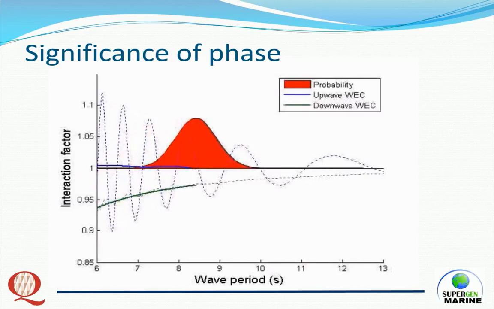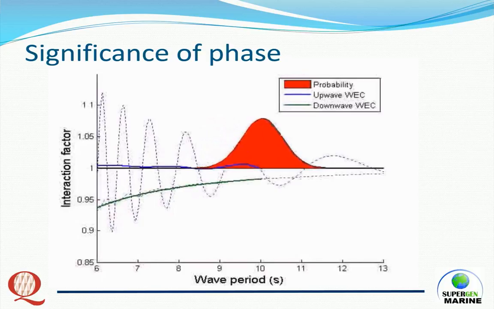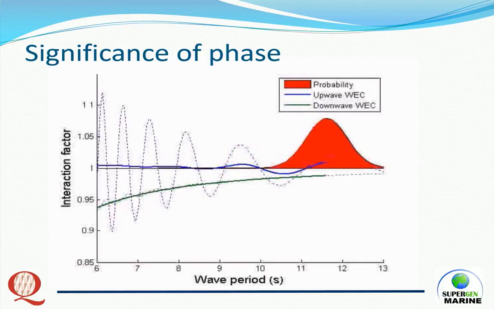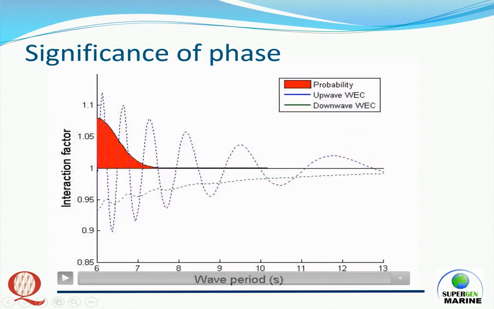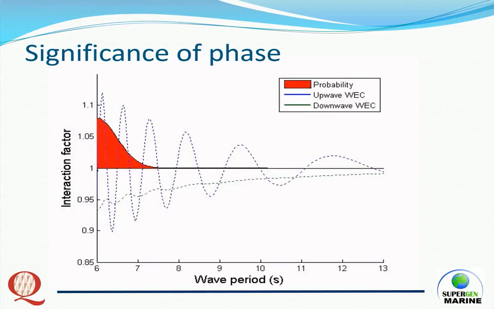This is the peak or mean wave period or energy period. And then what can you say about the interaction factor? You can see here that you go away from these very sharp oscillations of up and down, which you get as the device moves in and out of phase. This is an untuned device, to something which is a lot more consistent.